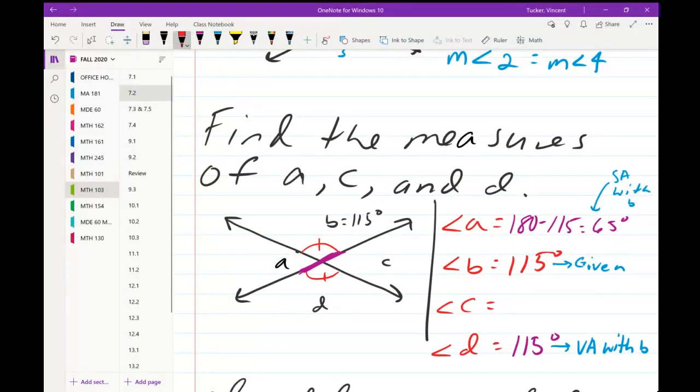And then if you want to find C without any calculation, you recognize that C is going to be equal to A. So C would be 65 degrees as well.